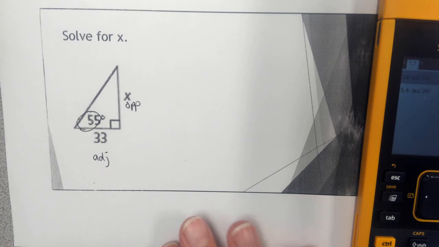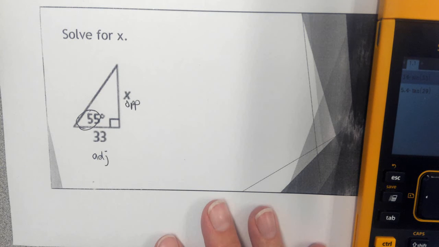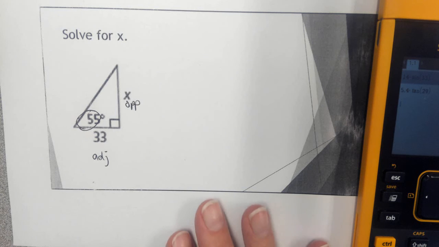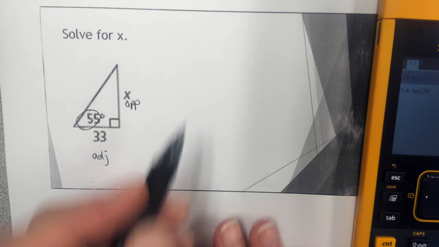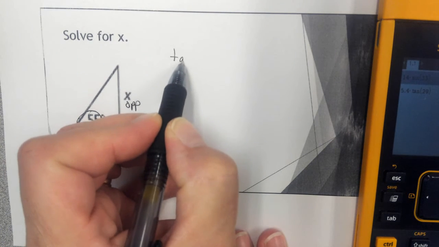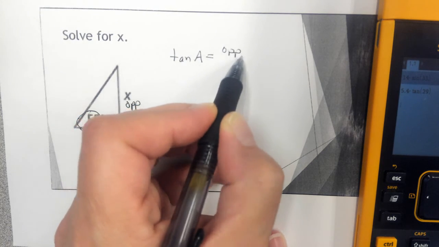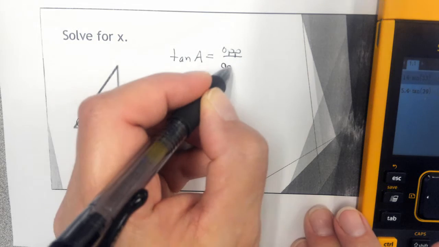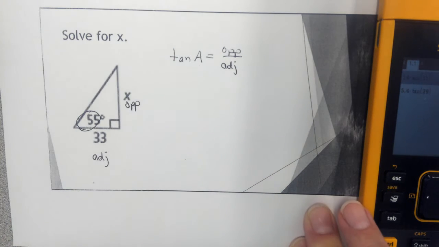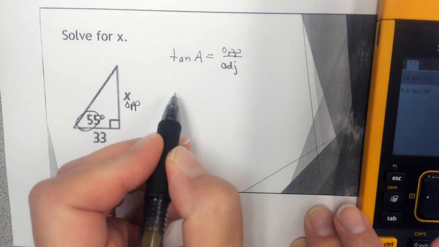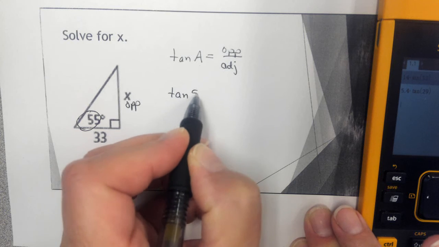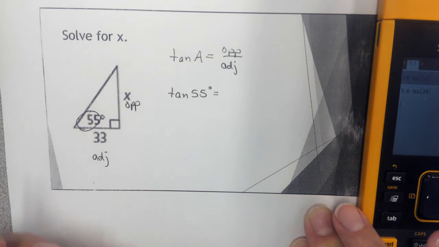Alright, so which trig function? TOA, so T is for tangent. Tangent of an angle equals opposite over adjacent. Substitute what you know. Tangent 55 degrees equals, help me finish it.